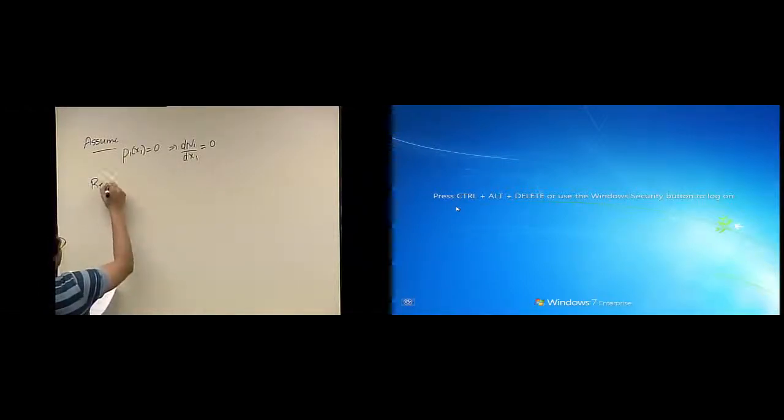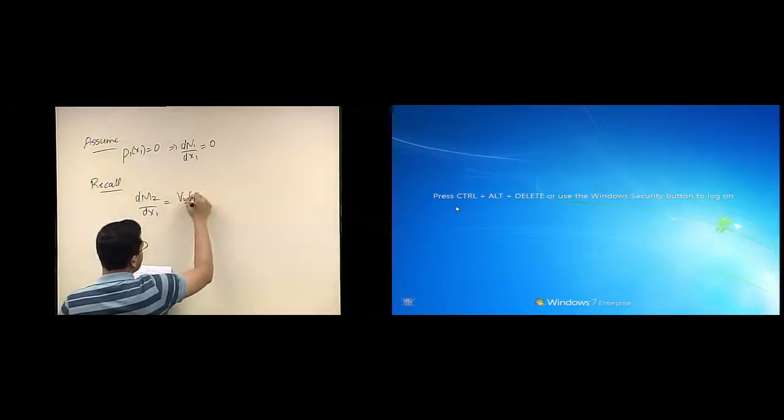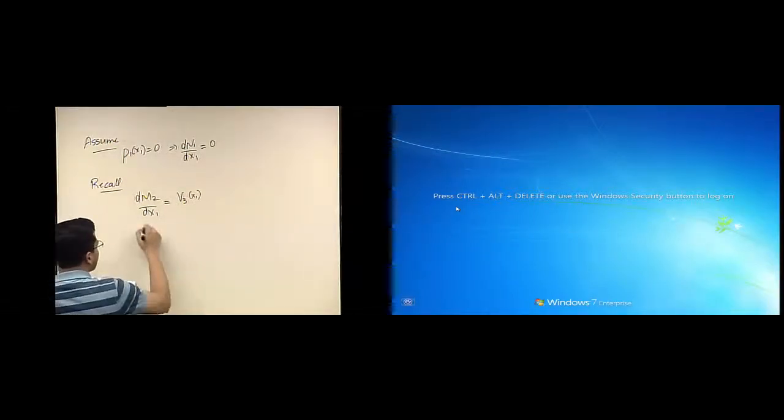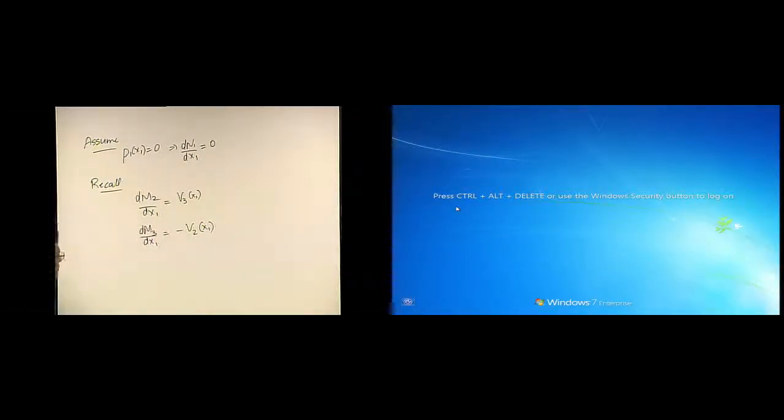Okay. And also if you recall, dm2 over dx1 is equal to v3 x1, and dm3 over dx1 is equal to minus v2 x1. This is from the equilibrium for a beam in bending.